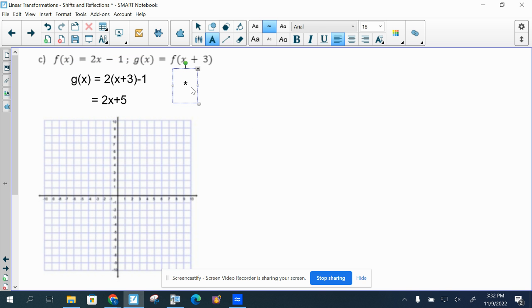And this would cause a horizontal shift, and then it's the opposite. So if it's plus 3, that means it's negative, which means it goes to the left 3 units.